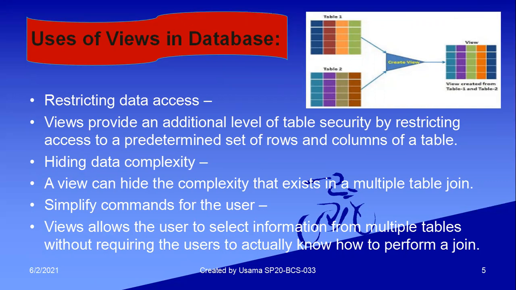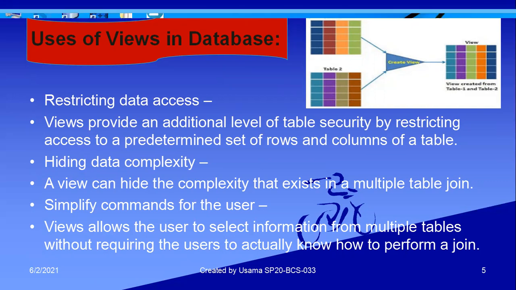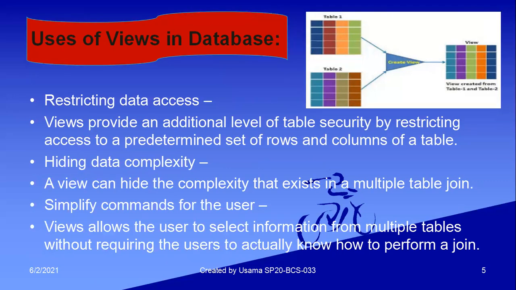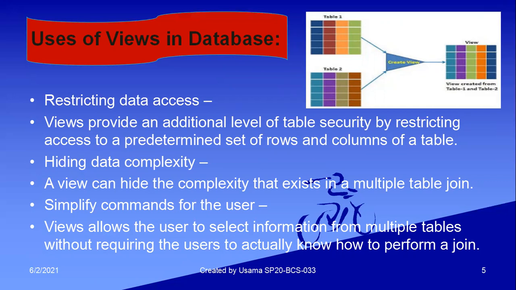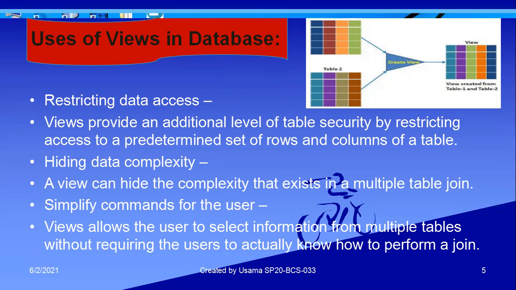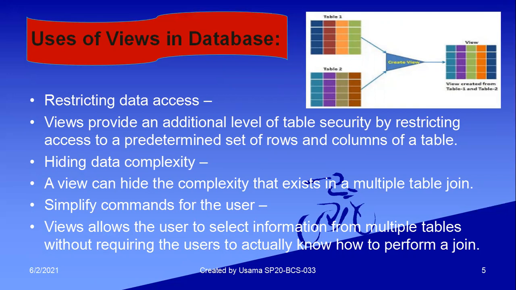We can hide data. The next point is hiding data complexity. This is the second important use of views, and it's somehow related to restricting data access. We can hide data complexity from multiple tables, which we combine into a view.